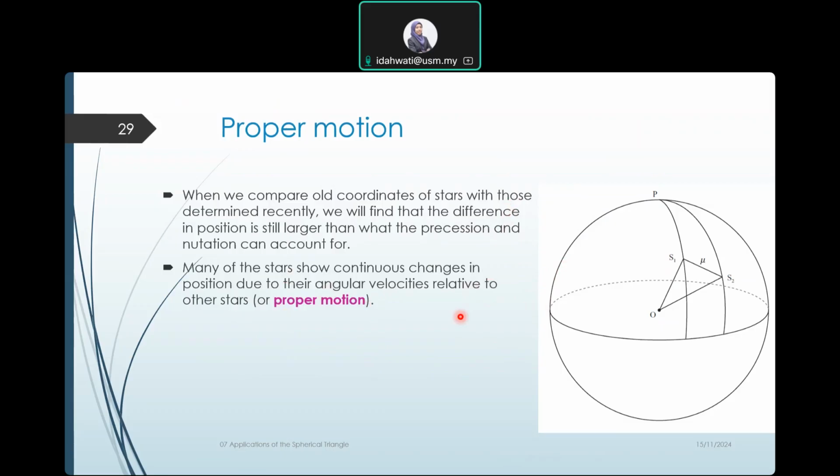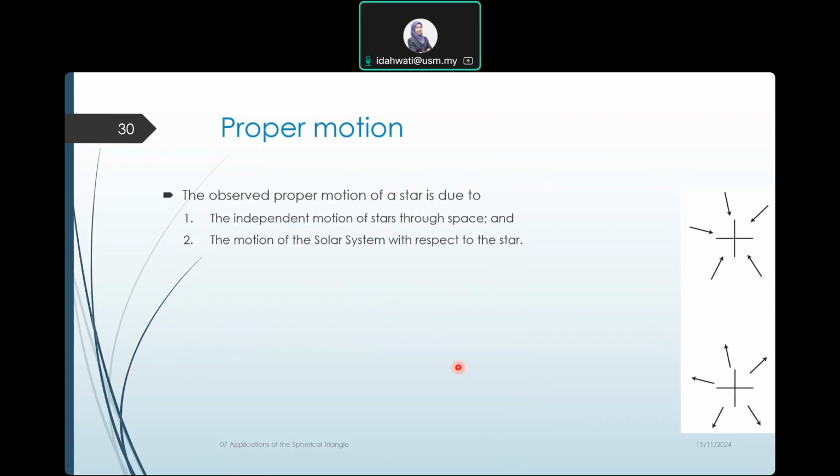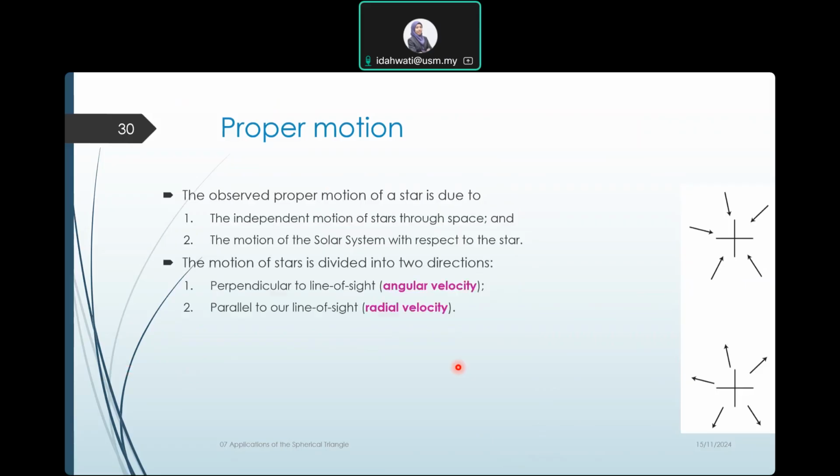The proper motion of stars may be as large as several arc seconds per year. As you can see, this is the direction perpendicular to our line of sight and parallel to our line of sight. So this refers to different velocity.